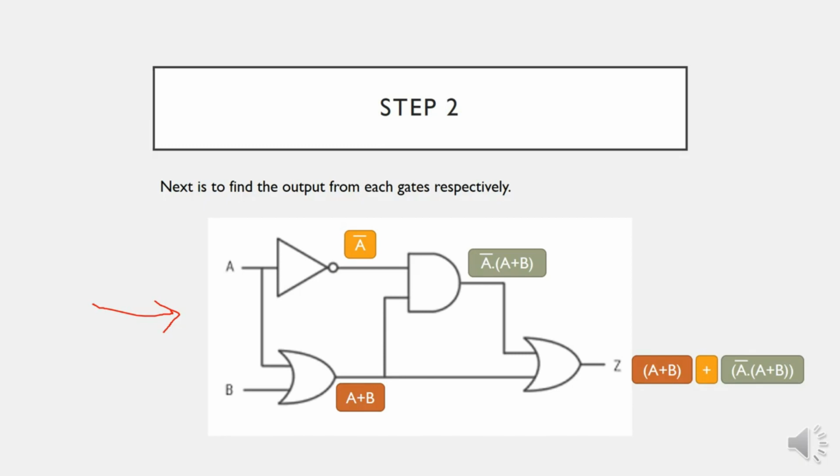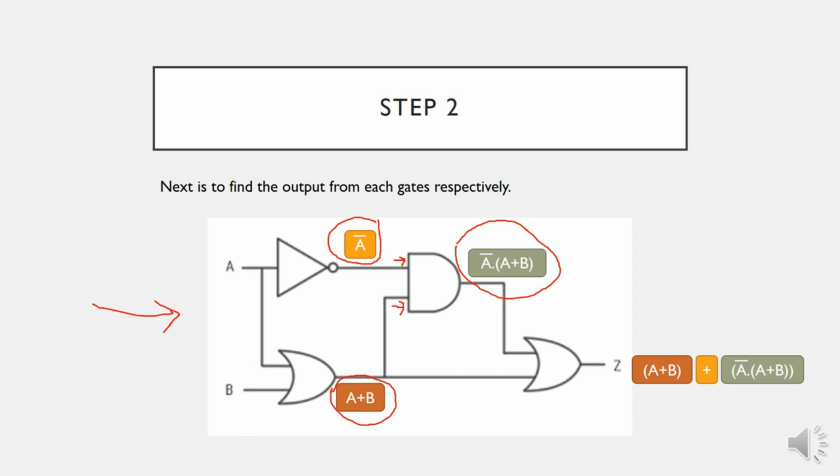So we have input A going through an inverter, or a NOT gate, and the output is A bar, which is the inverse of A. And from here we have OR gates with inputs A and B, so we have the output A or B. Then both A bar and A or B will be the inputs to this AND gate, and this is the output from here.